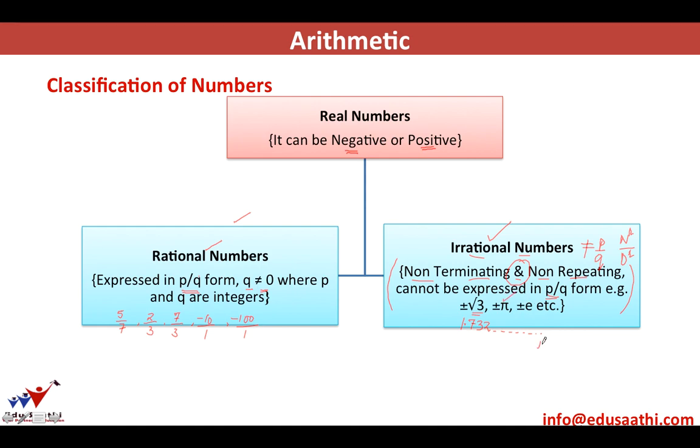Now, pi equal to 22 by 7 is just an approximate value. 22 by 7 is a rational number, whereas pi, which is 3.14 and it goes on, is an irrational number. Similarly, the value of e. All of these would be categorized as irrational numbers.